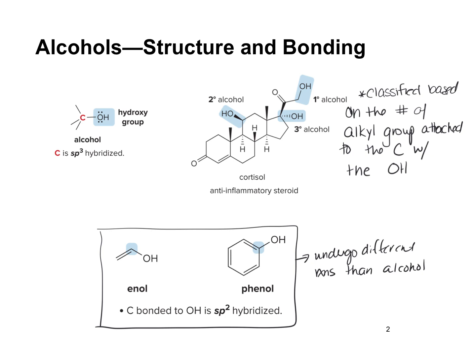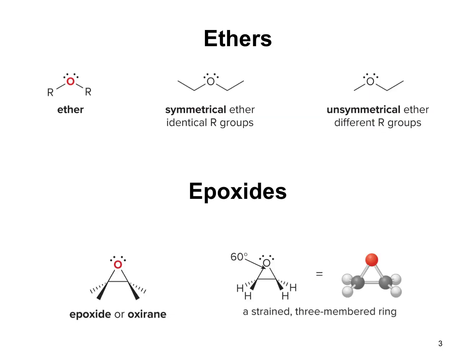Now, let's talk about ethers for a moment. Ethers have 2 alkyl groups, shown here and here, bonded to an oxygen. And you can have 2 different types of ethers. You can have a symmetrical ether, where there are identical R groups on either side. And then you can have an unsymmetrical ether. Sometimes this is referred to as a non-symmetrical ether.